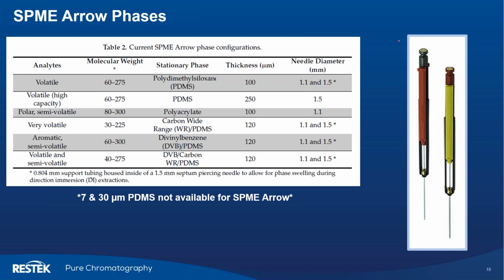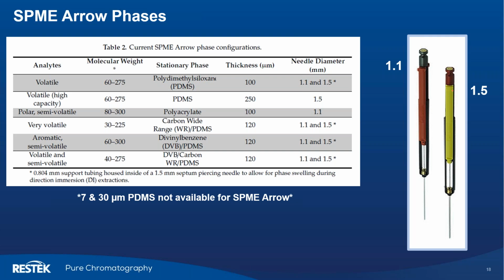Now, there are also 2 Arrows available in terms of needle diameter: a 1.1 millimeter as well as a 1.5 millimeter needle diameter. The 1.1 can be identified by the red piece of tubing on the Arrow, and the 1.5 by the yellow.